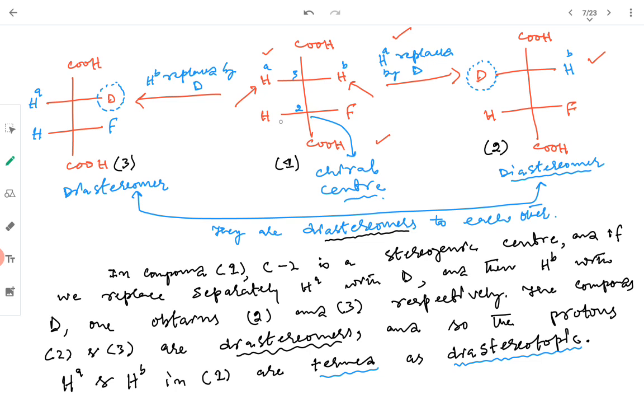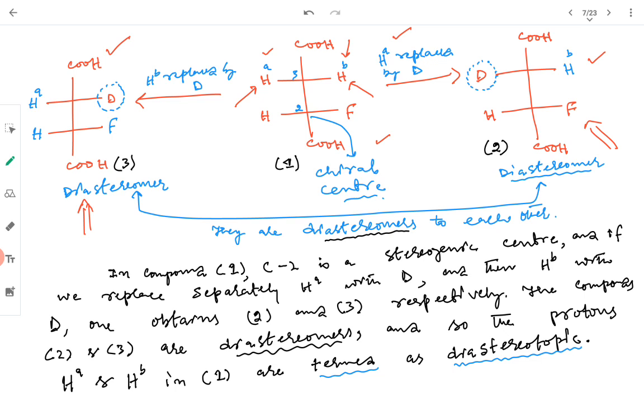And in the second step, if this HB is replaced by a group D, you get this stereoisomer. So by replacing these two hydrogens, Ha and Hb, you get these two stereoisomers.